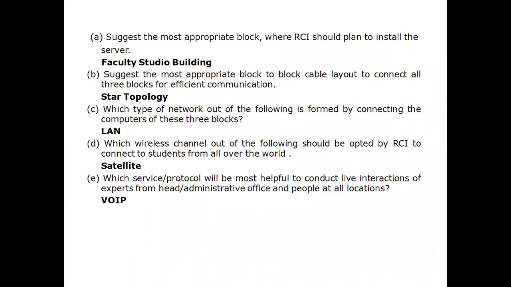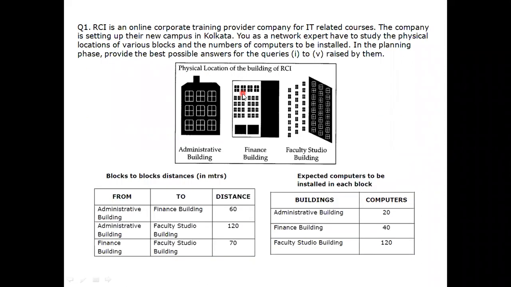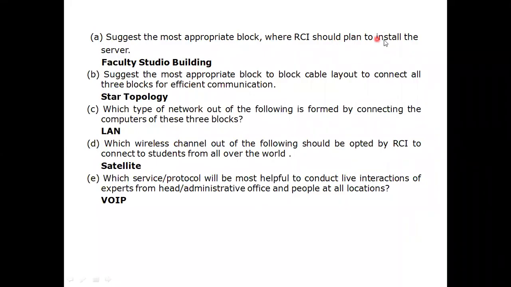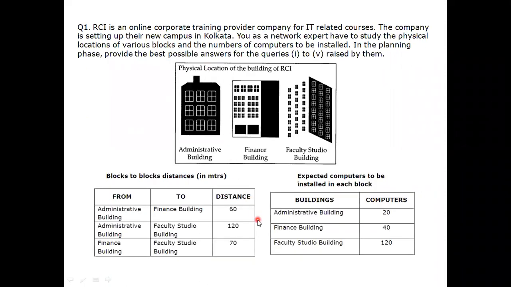The very first question: suggest the most appropriate block where RCI should plan to install the server. What do you mean by this? The question is where to install the server. The server is always installed at a place where the number of computers is maximum.